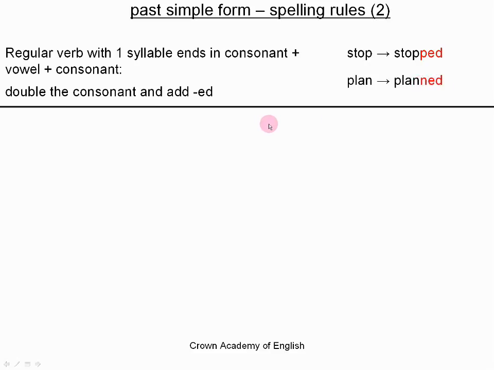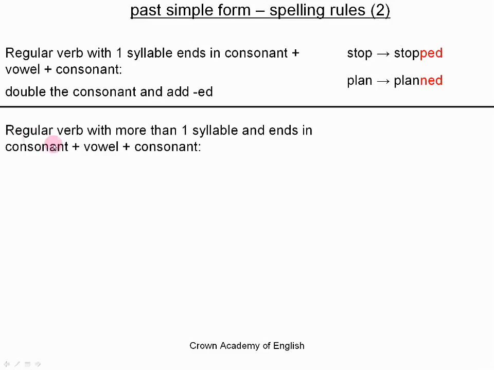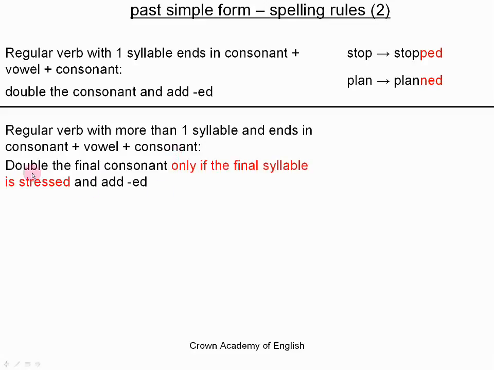If it is a regular verb with more than one syllable and which ends in a consonant, vowel and consonant, then we double the final consonant only if the final syllable is stressed, and then we add ed.